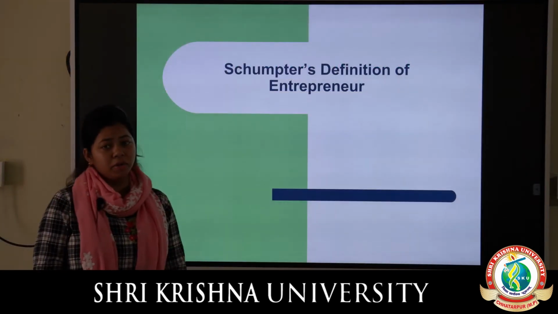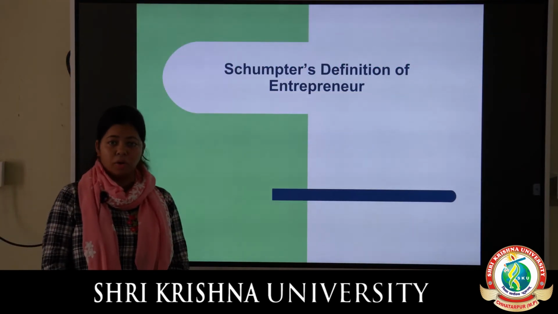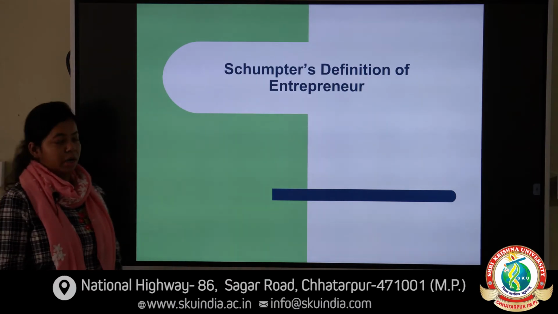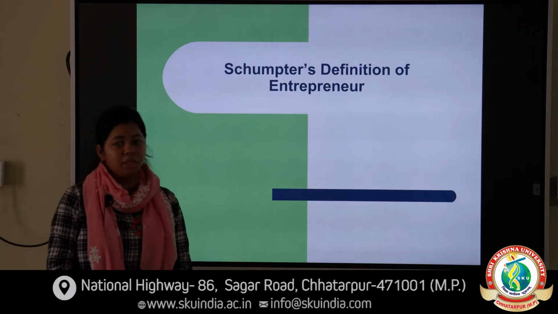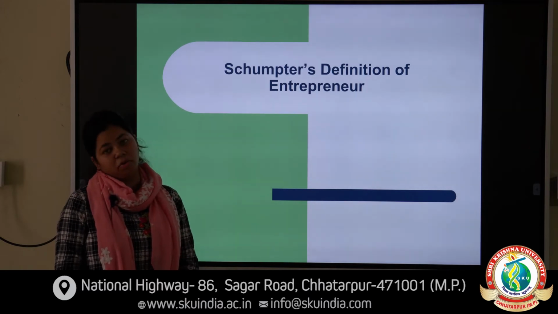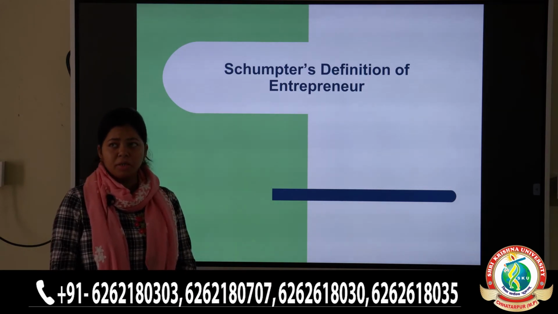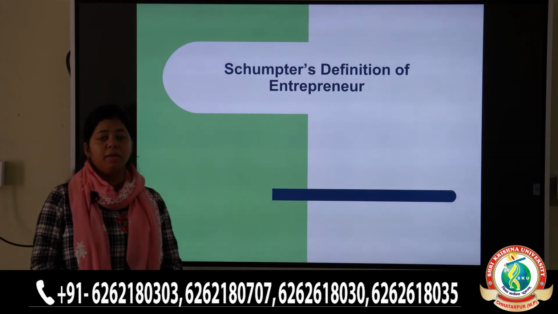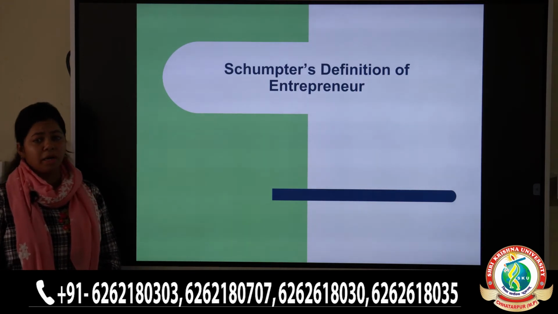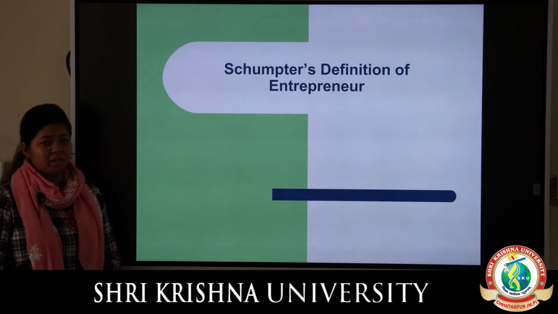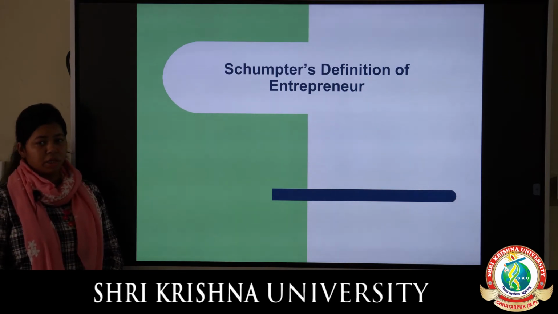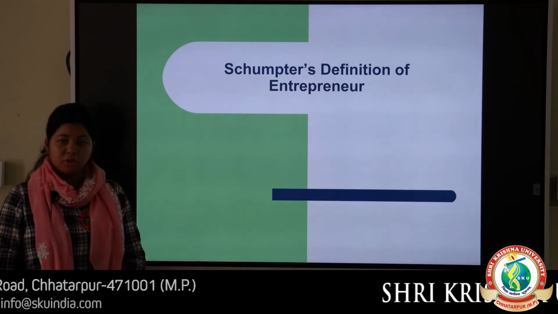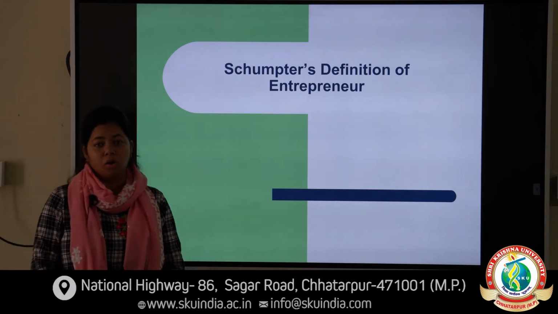Now next we are going to take a quick look at the definitions given by renowned scholars. First of all, we'll see Schumpeter's definition of entrepreneurs. Schumpeter studied a lot of entrepreneurs, and he said that an entrepreneur can only and only survive when he has innovativeness in 4 things: first of all, in the market, in the product, in the services, and in the technology.